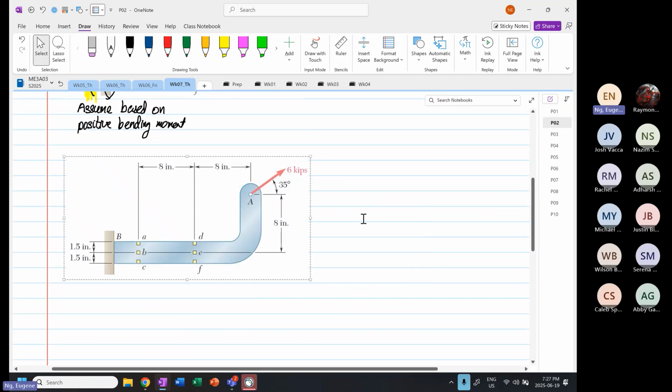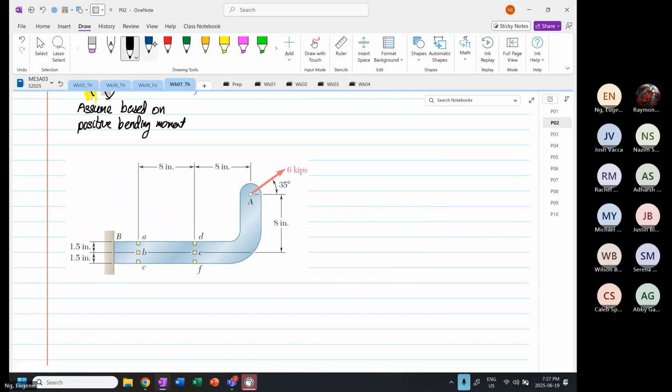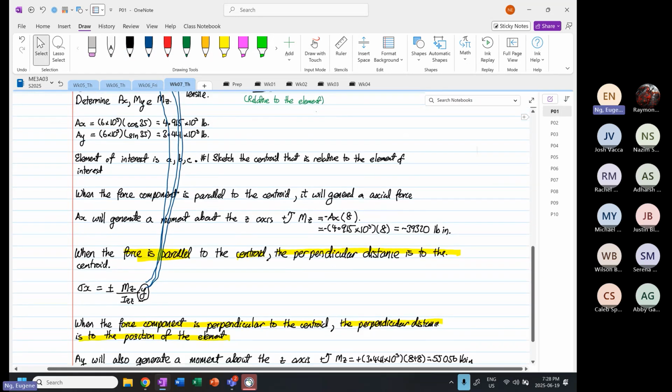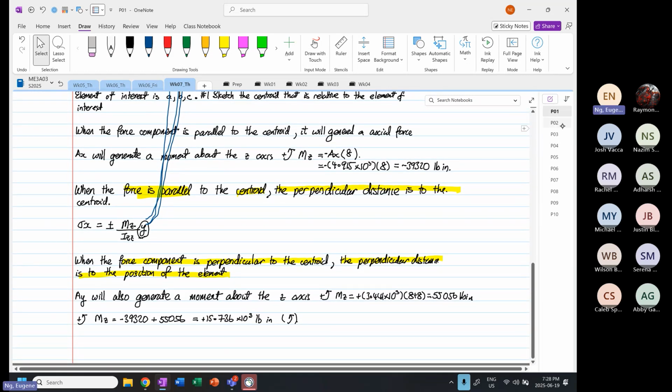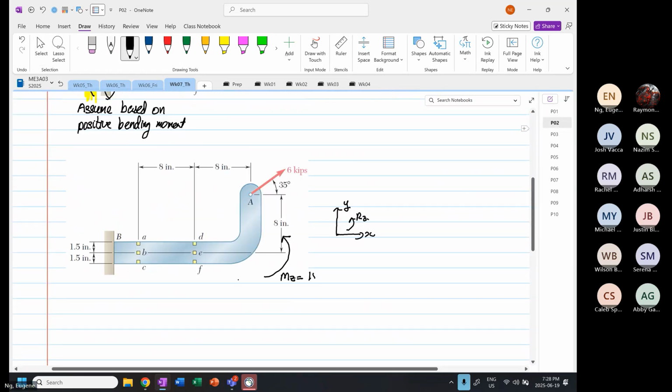What we already know is, if this is our X, this is our Y, this is rotation about Z. We are aware that we have a moment about Z, which is equal to what we have calculated, 15.736 times 10 to the power 3 pound inches.